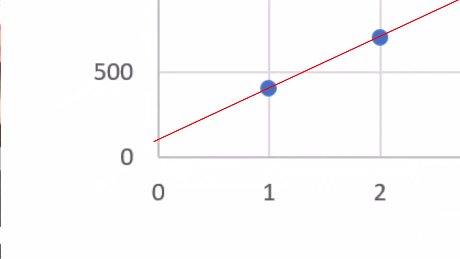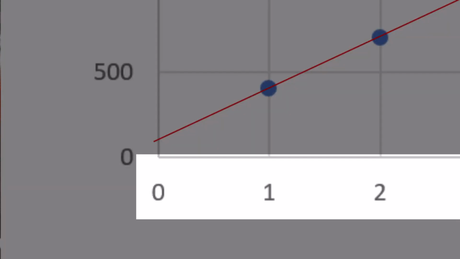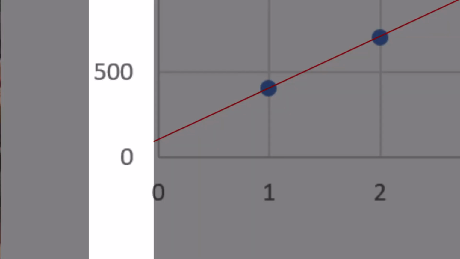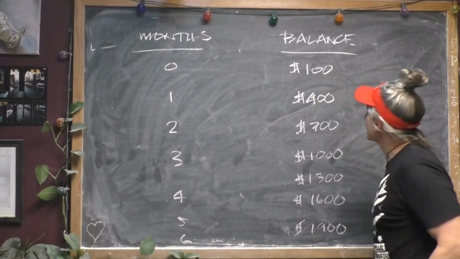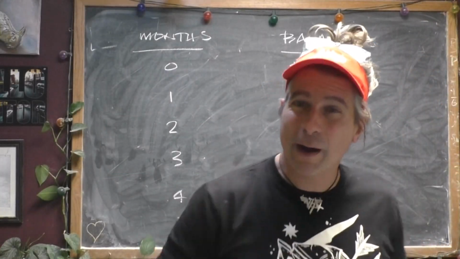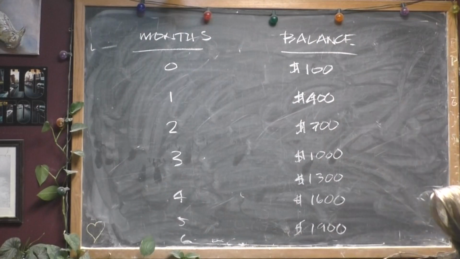Now, the y-axis is where x equals 0. X-axis is the horizontal, y-axis is the vertical. If you back that line up, it's going to hit the y-axis, and that's the value on the y-axis that it equals there. So that's the y-intercept. It's where x equals 0. It's whatever the y value is there.